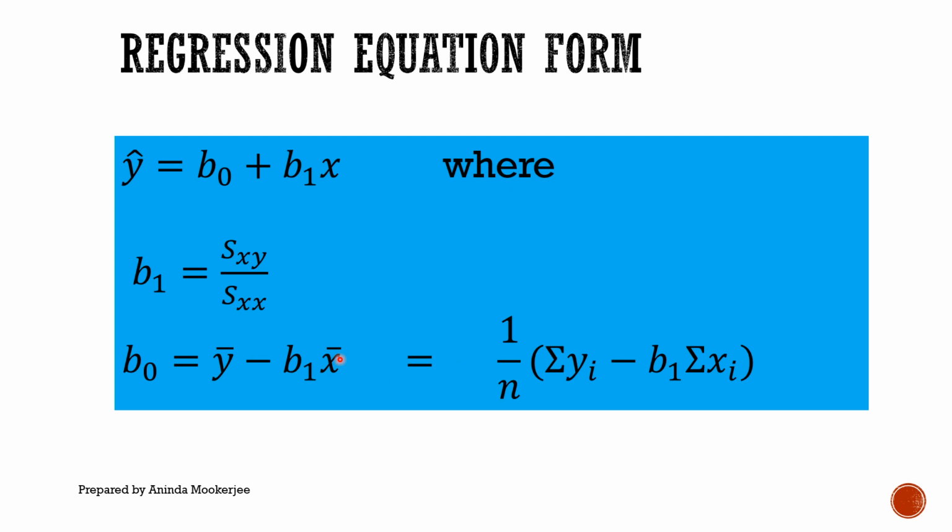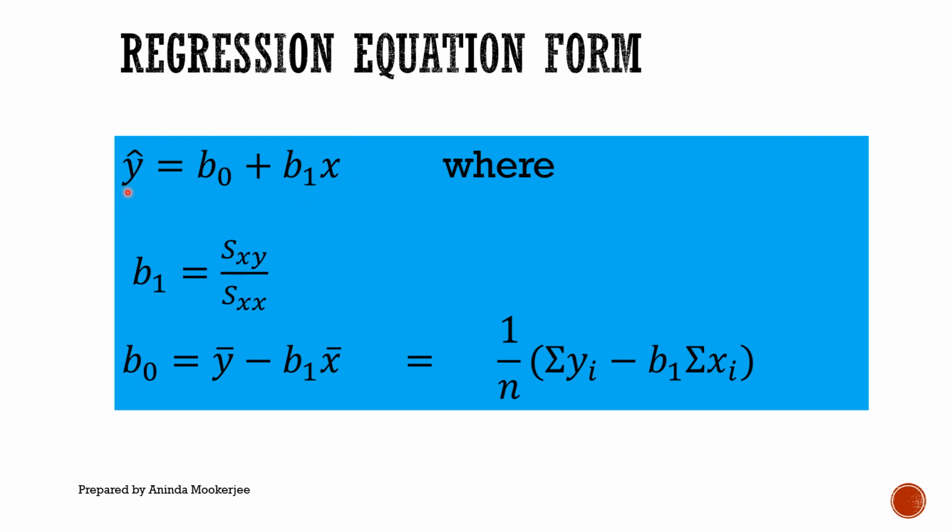So one more time, we have the different formulas for the regression equation. This is more zoomed in, so it's easier to read now. Y hat equals b sub 0 plus b sub 1 x is the formula for the sample regression equation.